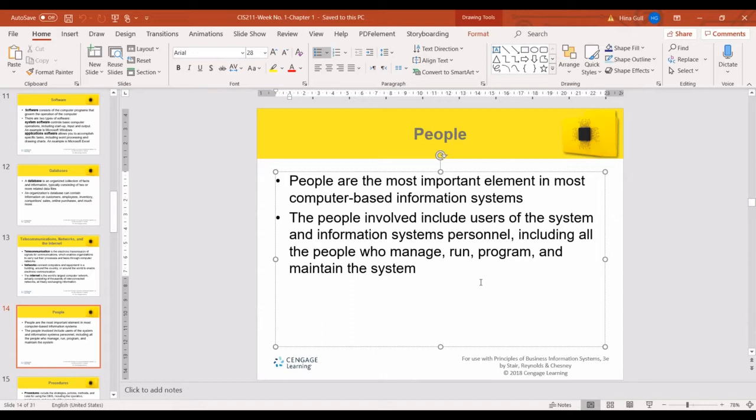Like PeopleSoft. You're working on PeopleSoft, so you are using the system as a user. I'm also a user of PeopleSoft.